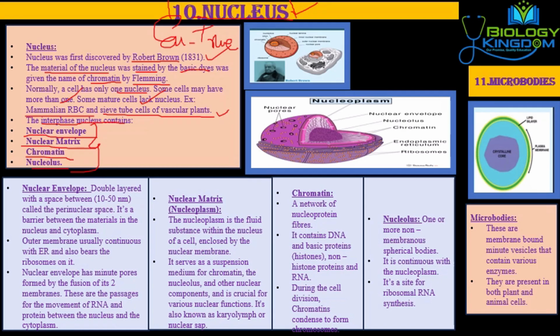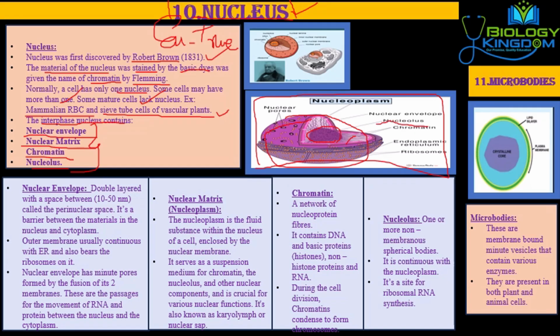If we observe the structure of the nucleus here, the outermost part in which the nucleus is enclosed is known as the nuclear envelope, and the structure present in between is the nucleolus.